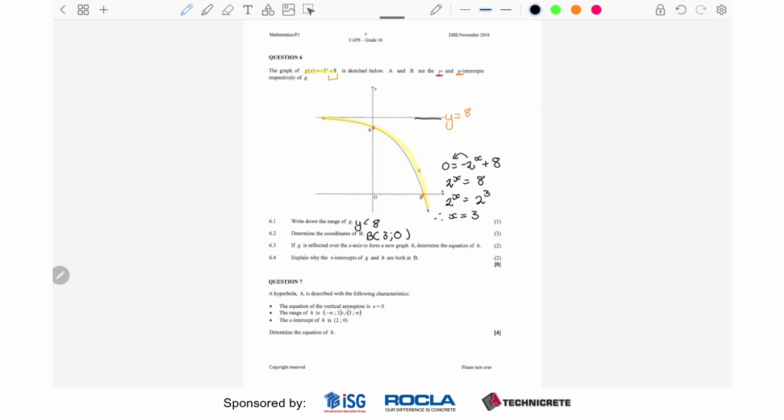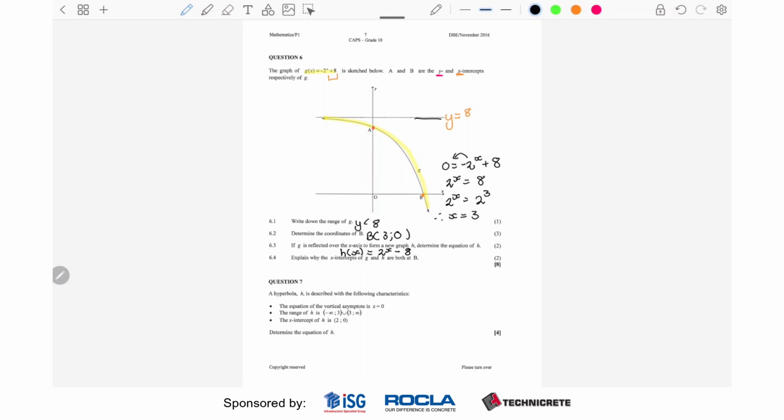Well, for first off, it wouldn't be a negative. It will be a positive graph since it will be increasing like this. We have the exact same values, we just have to change the signs. Therefore, h of x will equal 2 to the power of x minus 8. Simple.